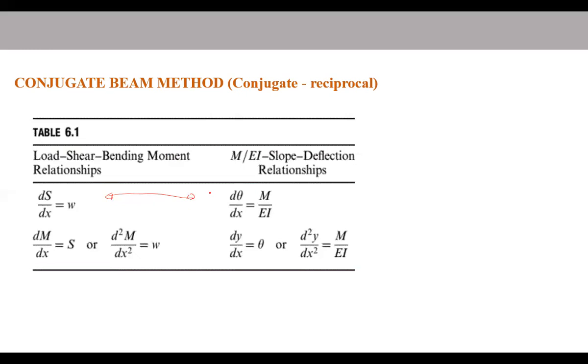Slope. So if you apply the M over EI diagram as a load on a beam, the shear force that you derive on that beam is equal to the slope of the actual beam.